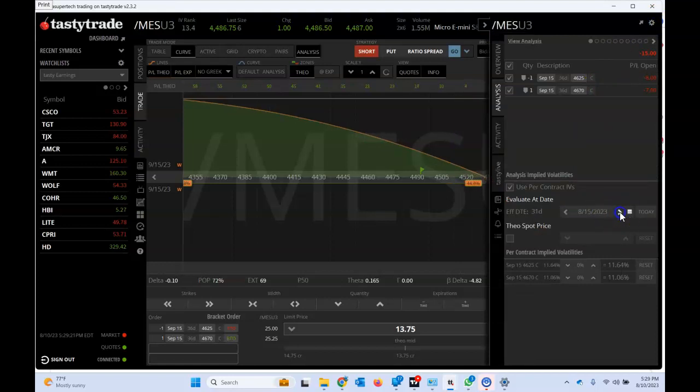And if we were to hit the target with 22 days left, we're up $50. That is well beyond half of your maximum profit here, and that gives you plenty of room to work with if you want to adjust this position at 22 days left or roll out or do whatever. That's all depending on what the market does.